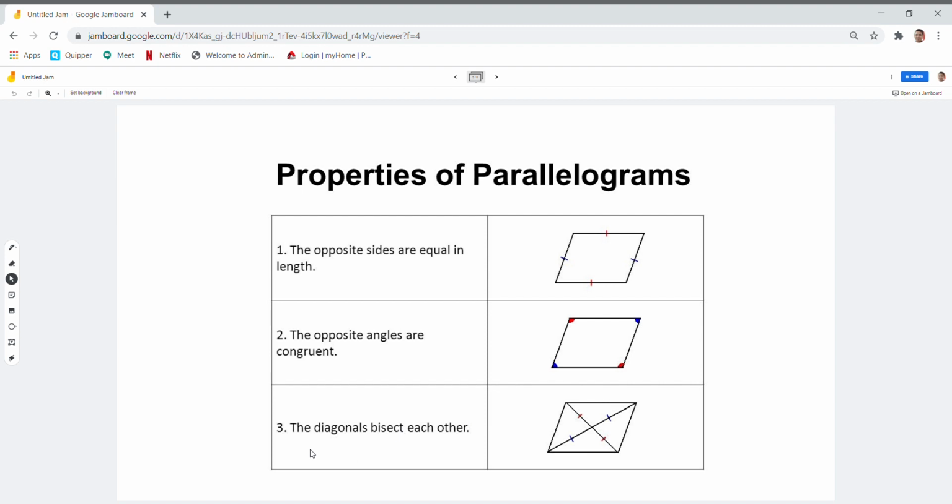Okay, and number three, the diagonals bisect each other. Now, if you are going to draw diagonals connecting opposite vertices of the parallelogram, then you can draw two diagonals. It says that the diagonals bisect each other. That means each divides the other equally into two.